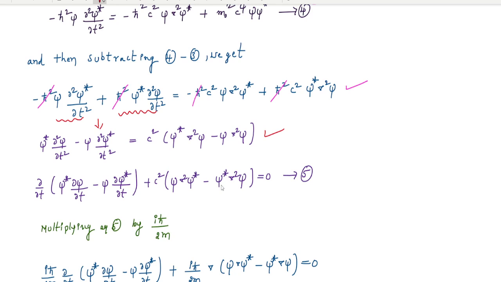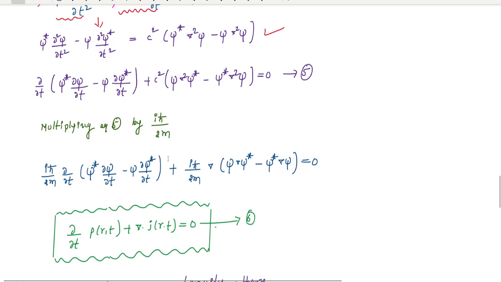So what we are going to observe here carefully is that two terms are there: one is the space coordinate term and the other is the time coordinate term. Now multiply this equation number 5 by i h cross divided by 2m, you will get this equation.